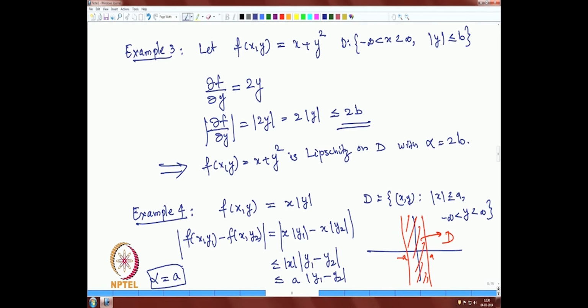However, this function does not have a partial derivative with respect to y, as it is not differentiable with respect to y at 0.